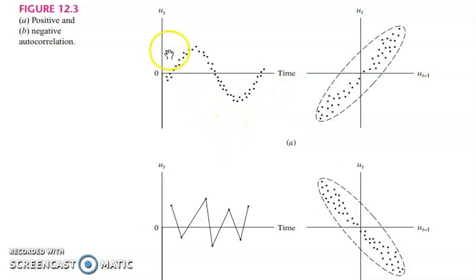But when we plot u_t against time, as time increases, if rho is positive and the error term in the previous year is a positive value, then the error term in this period will also be a positive value. So it will extend for some period of time, showing a positive correlation between the previous year's error term and the existing period error term.